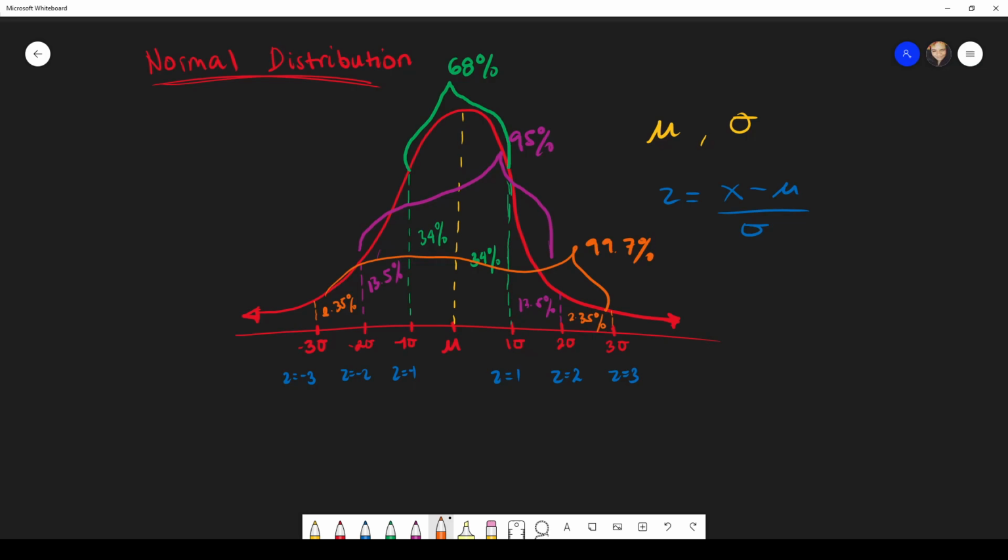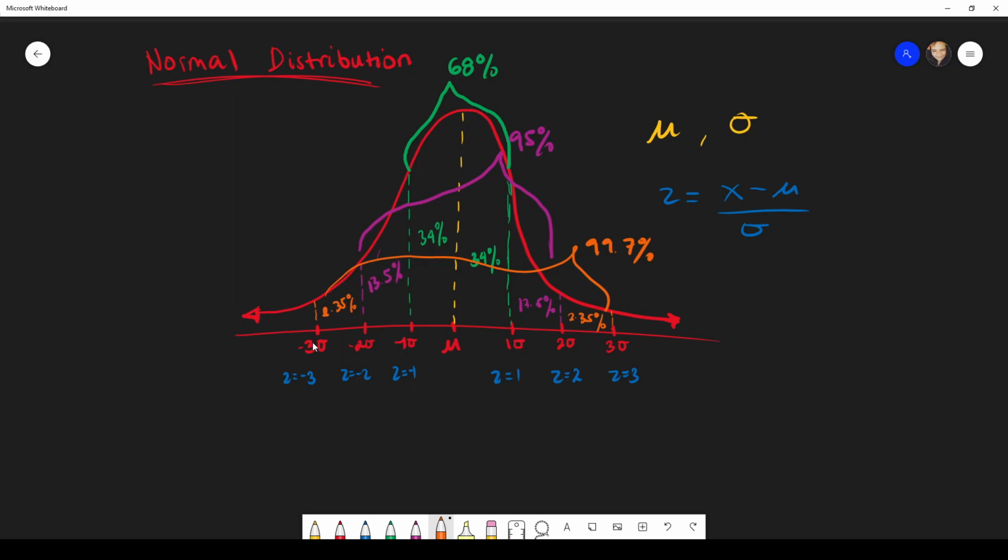If your data lies within three standard deviations of the mean, then that's 99.7% of your data. From the second standard deviation to the third standard deviation, that's 2.35% of the data.